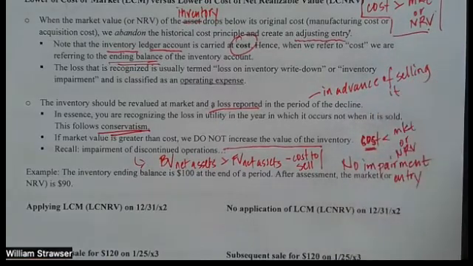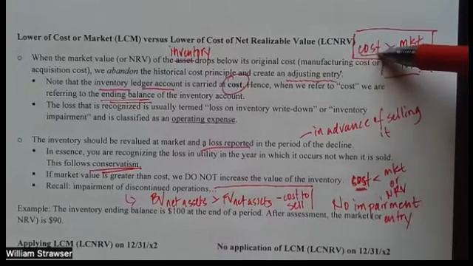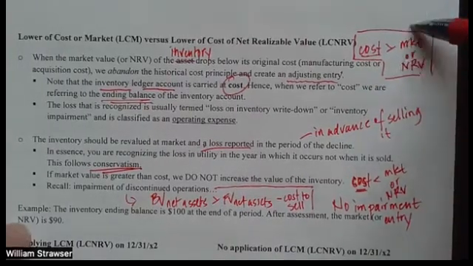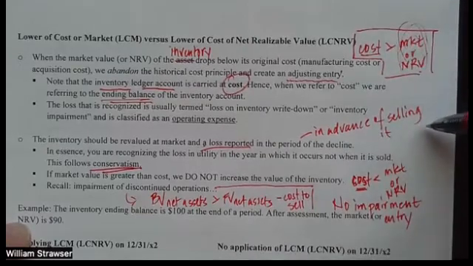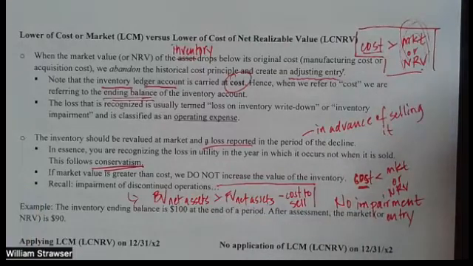And if it is already an understatement, then we're good. But if the amount that we have in the inventory end balance is more than what we think we're going to get when we sell it, then we have to apply some sort of a write down. We have to make an adjustment.